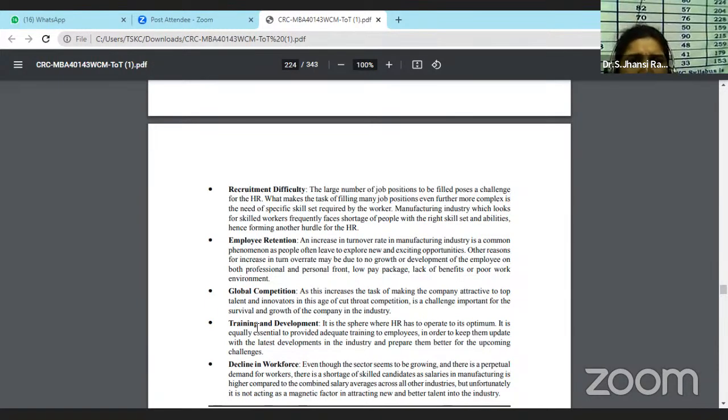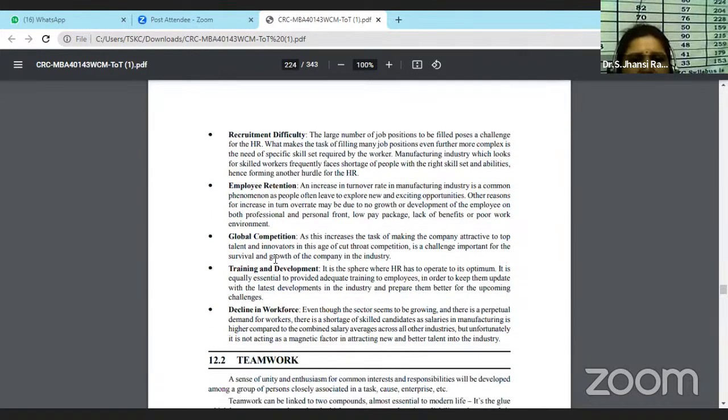Either it may be personal reasons, low package, lack of benefits, or poor work environment. There may be any number of situations which make employee retention not possible.